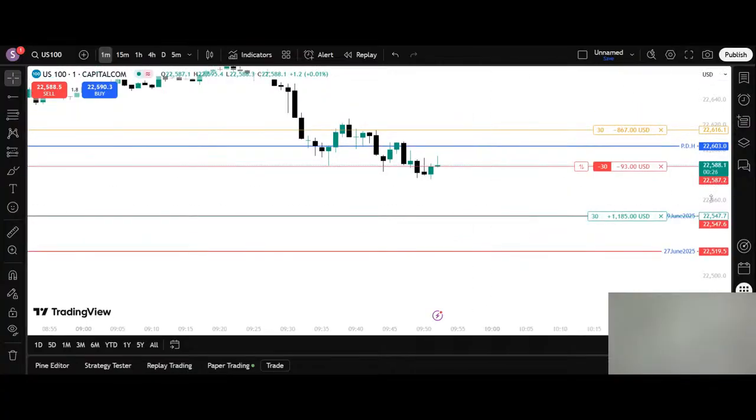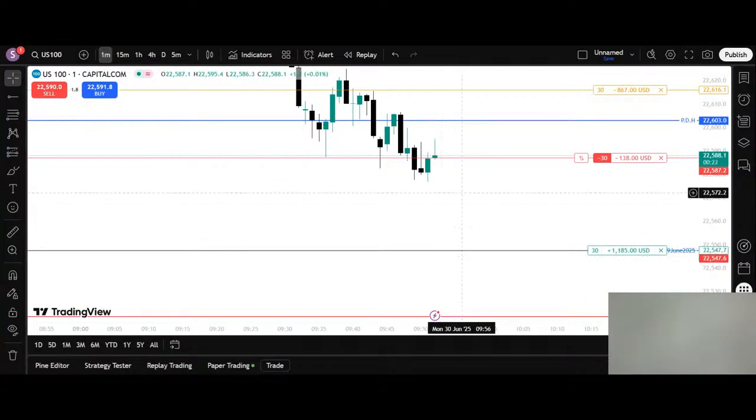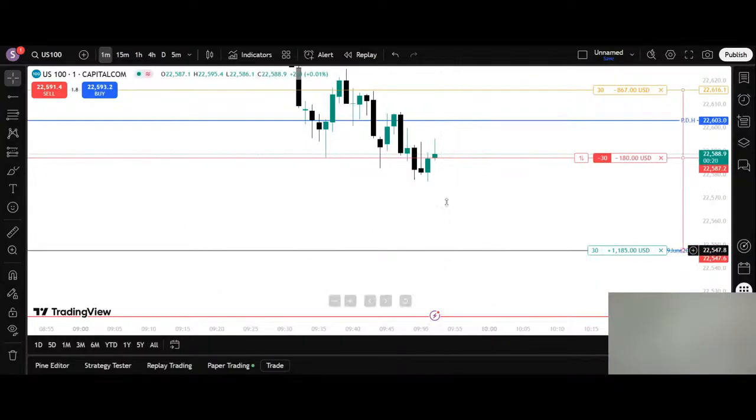To be honest, I would love to see some downward momentum right here, like a big red candle.